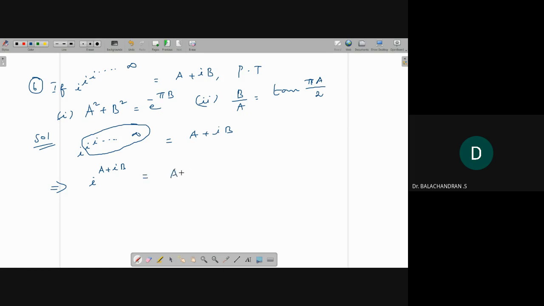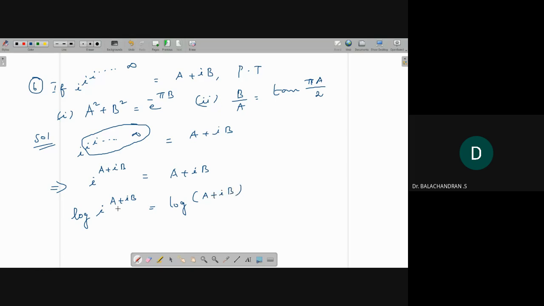Right hand side. Okay. So now I am going to take log on both sides. So log of i power a plus ib equals log of a plus ib.